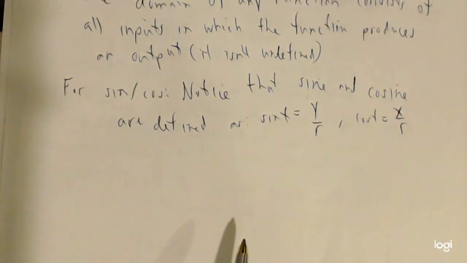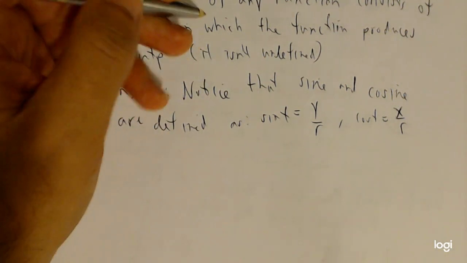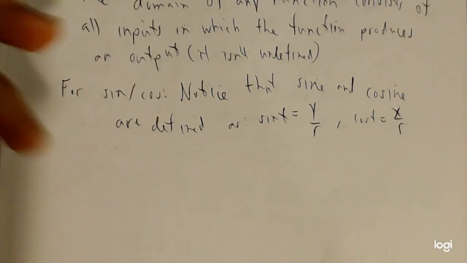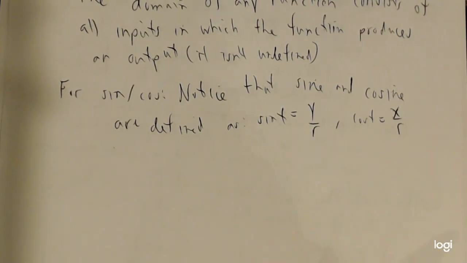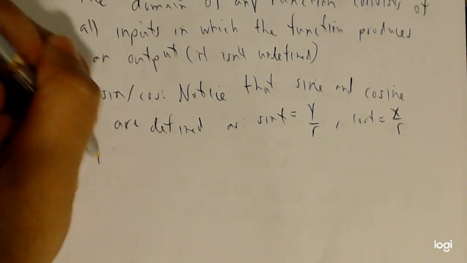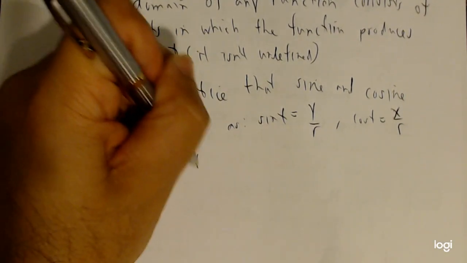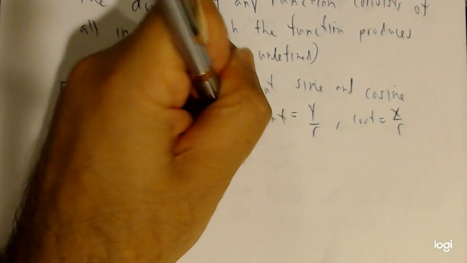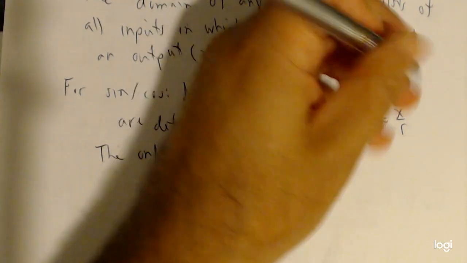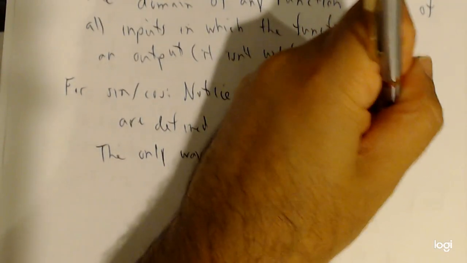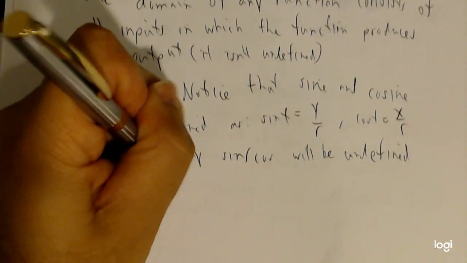And I'm going to turn my attention to r, and so notice what we're going to say is the only way, and in fact you should be able to answer this question, what's the only way sine and cosine will be undefined, is if r itself is 0. And we can make a comment on that. So the only way sine and cosine will be undefined is if r equals 0.